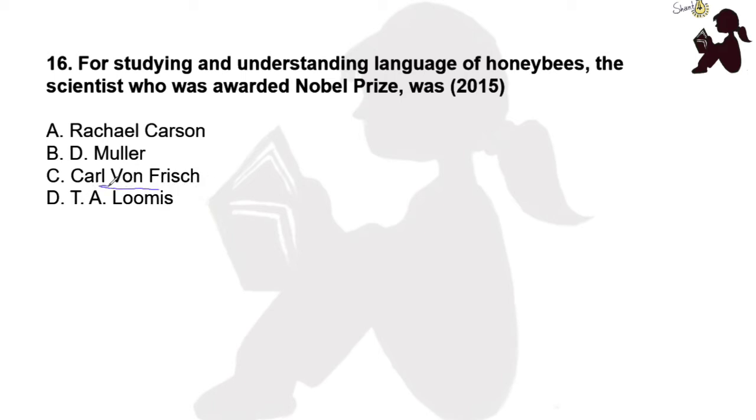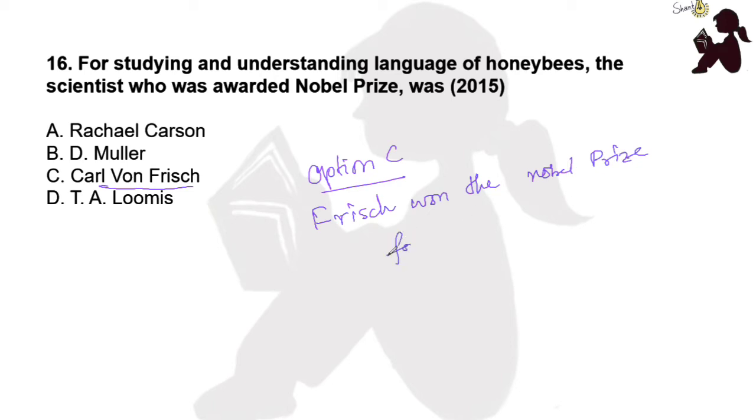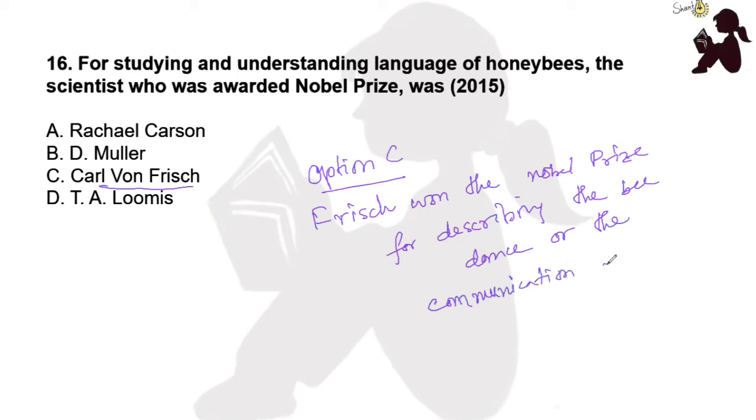So Carl von Frisch, option C, won the Nobel Prize for describing the bee dance, the communication of bees. Okay. So here the correct answer is option C, Carl von Frisch.